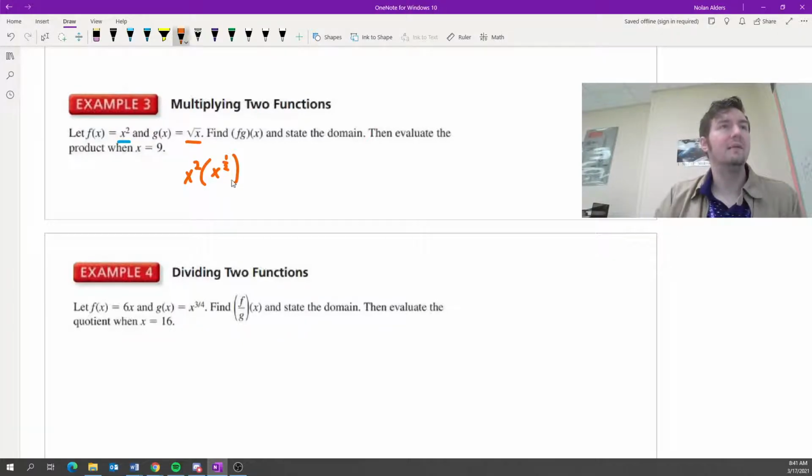Remember, when you are multiplying two of the same bases that have different exponents, you can add the exponents together. So 2 plus 1/2 is going to be 5/2. So we can write this as x to the 5/2.